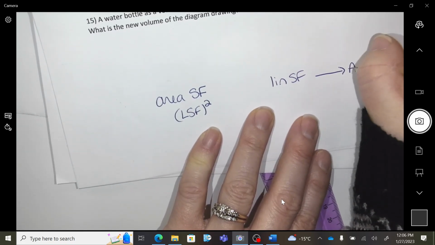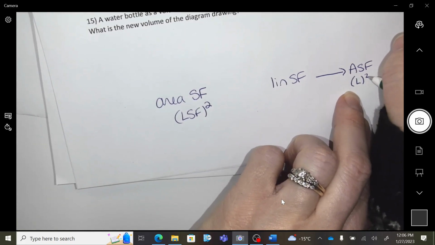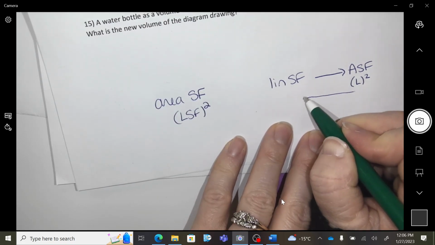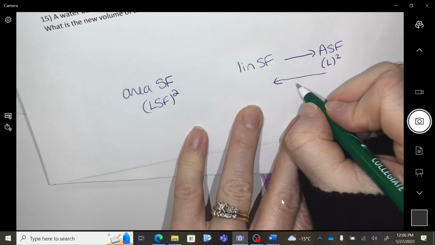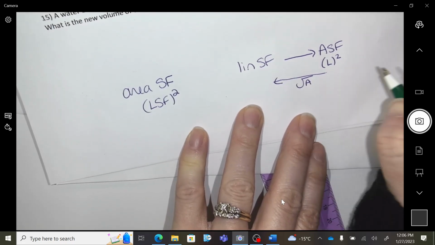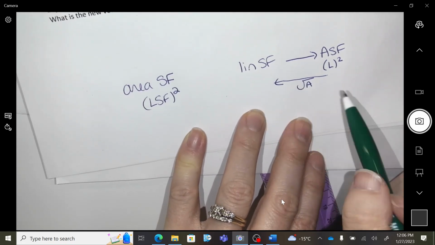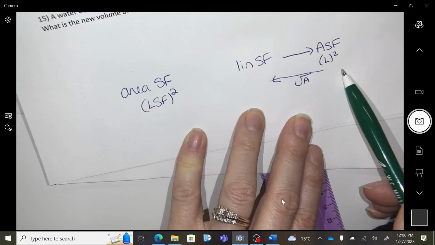To go to the area scale factor, you square it. But to go back, you do what? Square root it. Remember a linear scale factor and an area scale factor?